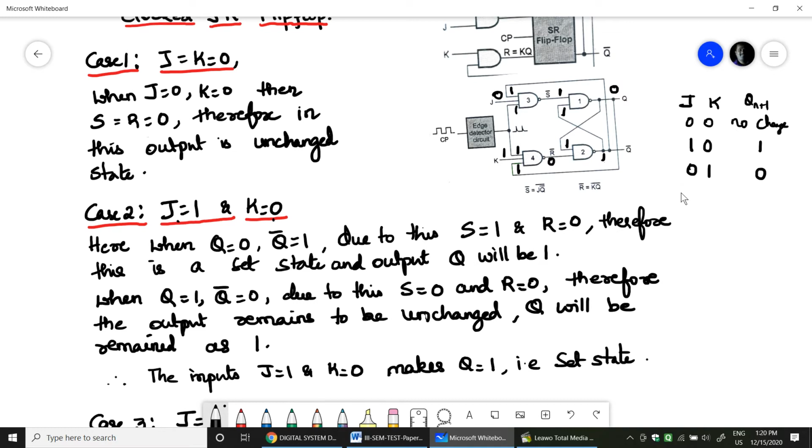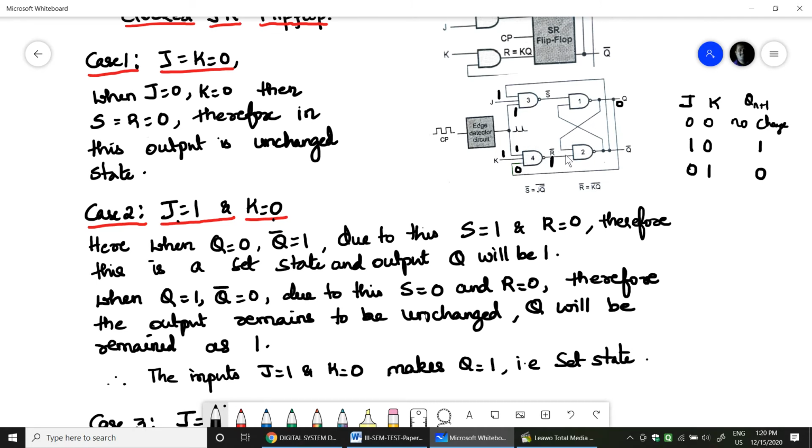Whereas when I make J and K 1 1, and when I give the clock pulse, when I assume Q to be equal to 0, 0 is given here, so you get 1 here for R1, because if one input is 0, the output is 1.